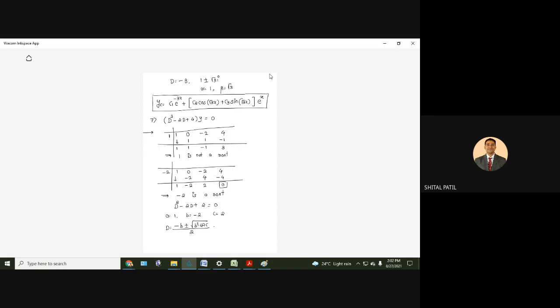Find roots of the quadratic equation. 4ac, 4 into 2, 8. Minus 2 and 1 plus minus i. These are the two roots.